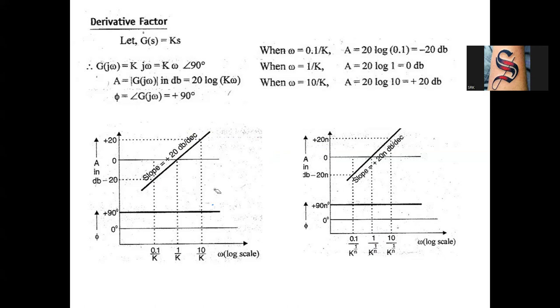While plotting the Bode plot, these first three terms, either the constant term, integral term, or derivative term, play the major role in deciding the magnitude. We will see that clearly while we solve the problem. The remaining factors, first order and second order, we will see in the next class.